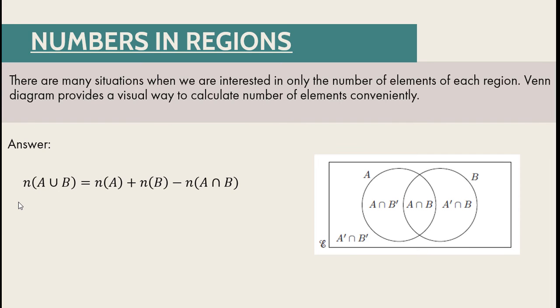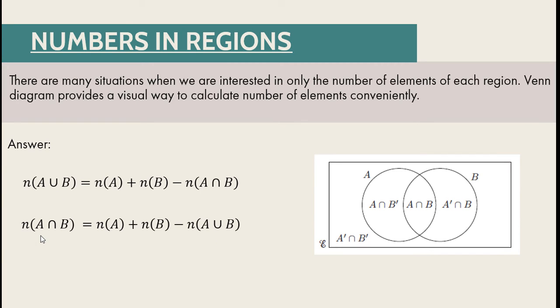Can you get that? The formula looks kind of intimidating, but if you look at the Venn diagram, you'll understand that right away. That's why Venn diagram is a powerful tool to use to calculate elements. And if we change that, we bring this to this side and this to this side.